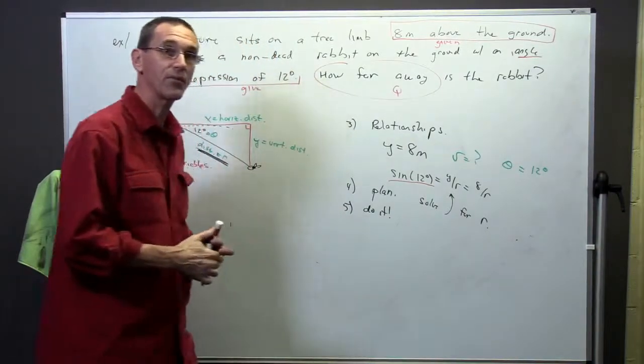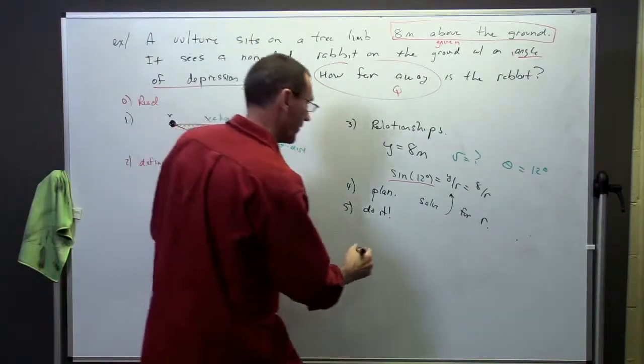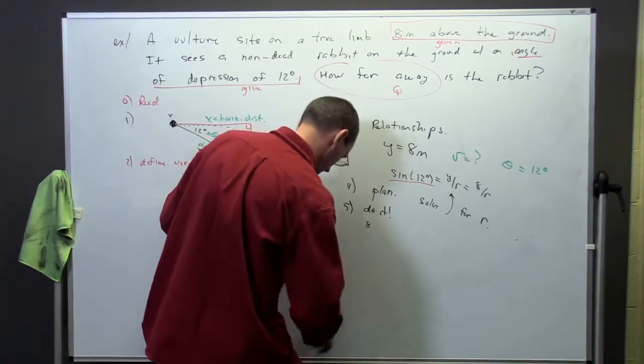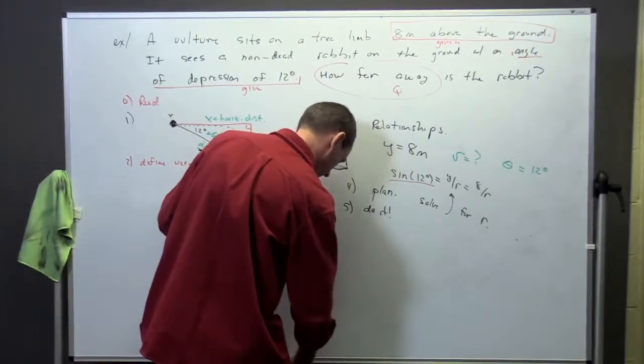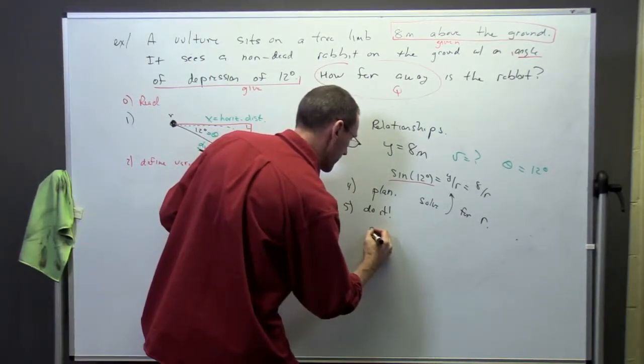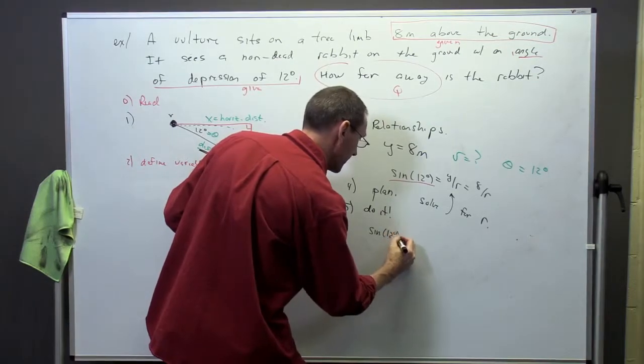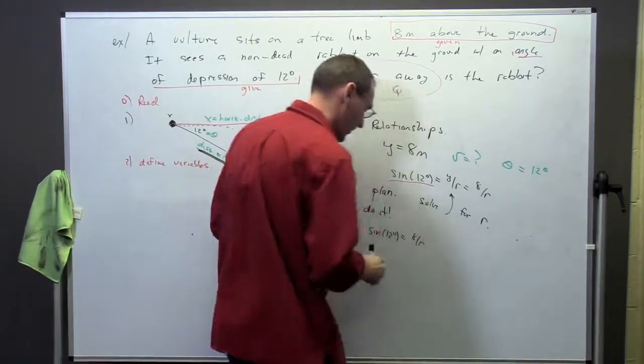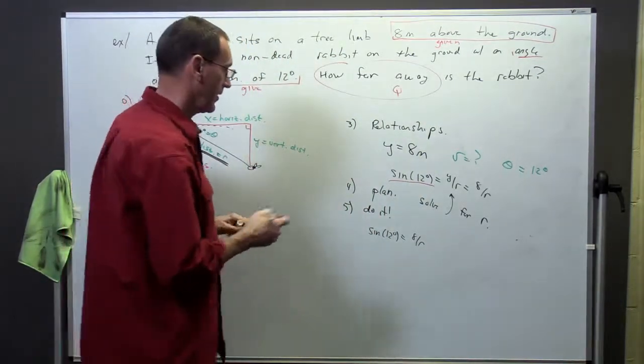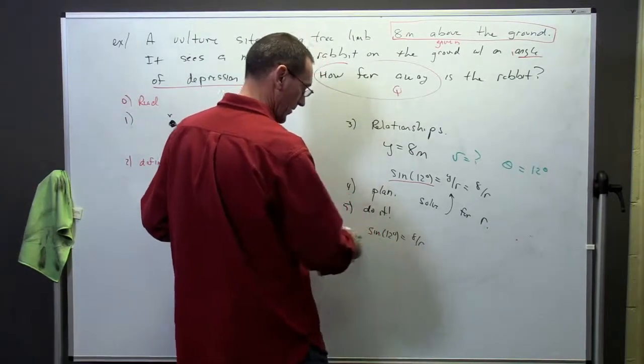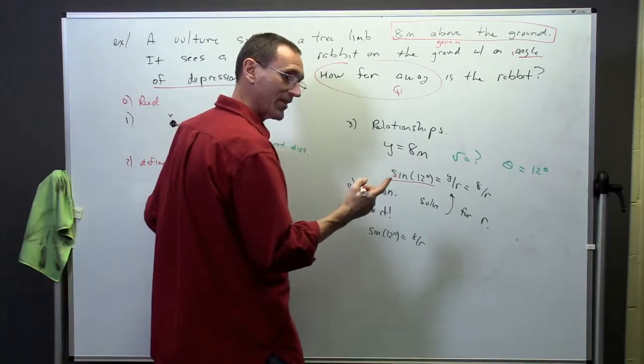And so my next step is to carry through my plan. So let's see, what do I have? Let me rewrite this. Sine of 12 degrees is 8 over r. This is in the denominator, so I want to get all the r's on one side in the numerator.